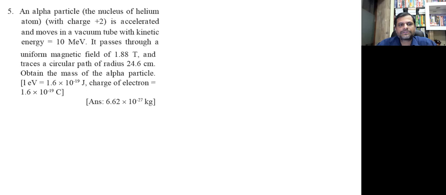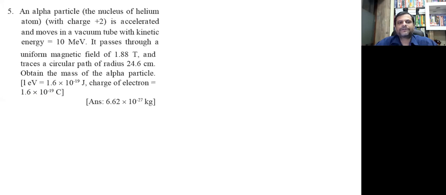It passes through the uniform magnetic field of 1.88 Tesla and traces a circular path of radius 24.6 centimeter. Obtain the mass of the alpha particle. The conversion of 1 electron volt is given here, that is 1.6 into 10 raised to minus 19, and charge on electron is also given, about 1.6 into 10 raised to minus 19 coulomb.